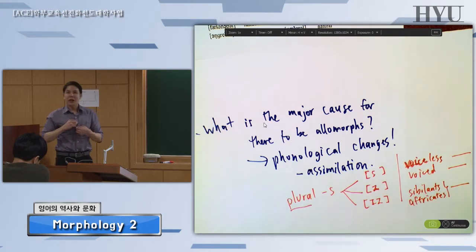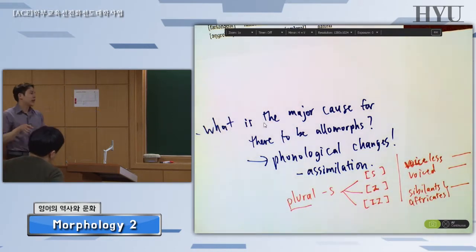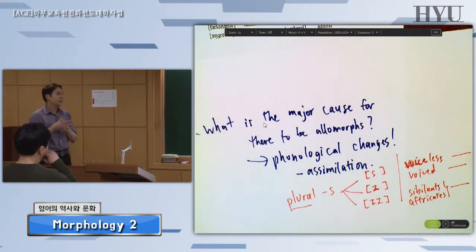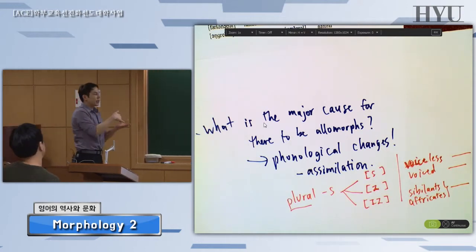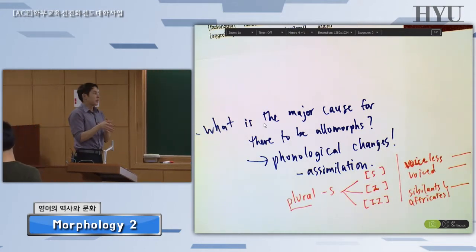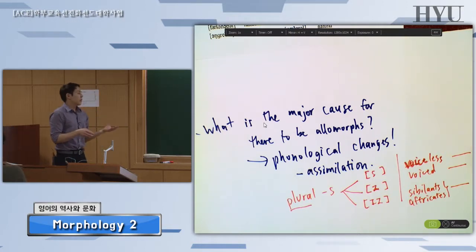When we talk about allomorphs, you cannot forget phonology. Because we have different forms of the same morpheme just because of what we call phonological changes. When two sounds are next to each other, they can affect each other, and that would give rise to different allomorphs.